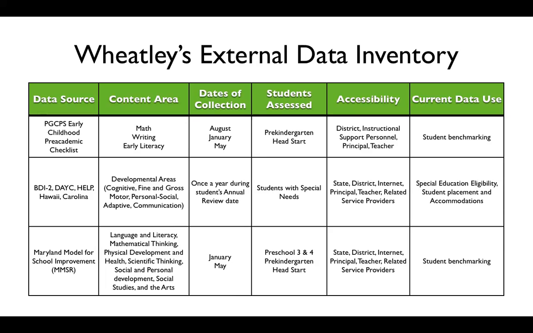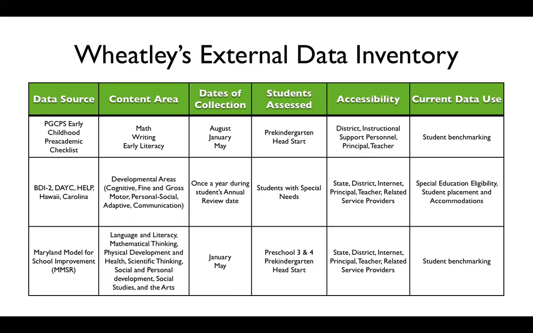It assessed students in pre-K and Head Start. It is available online and can be accessed at the district level by instructional support personnel and the Early Childhood Office, as well as in-house by both the principal and the teachers. Currently, we use it for student benchmarking. Test results are reported as emerging, in progress, and the highest being proficient.